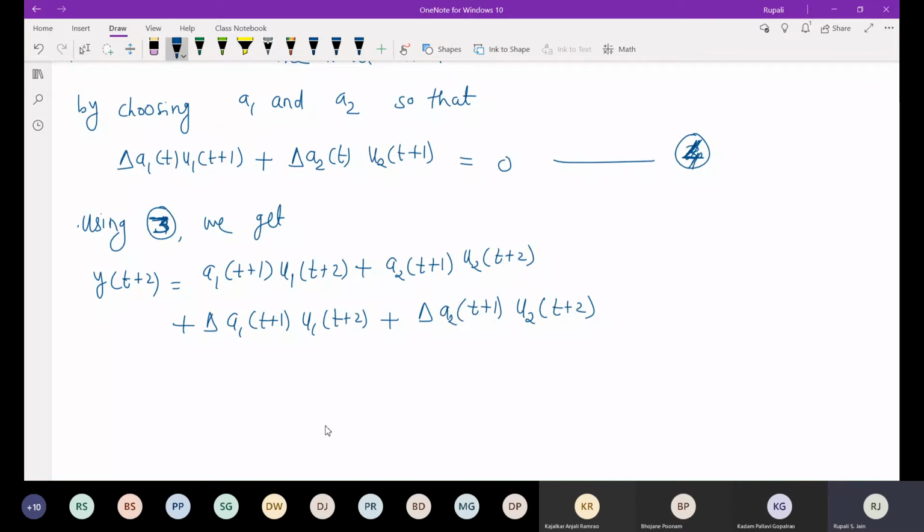Now I want to write in terms of delta a1t and delta a2t. Okay, can I write like this? Third and fourth we will write so that I will get this 0.